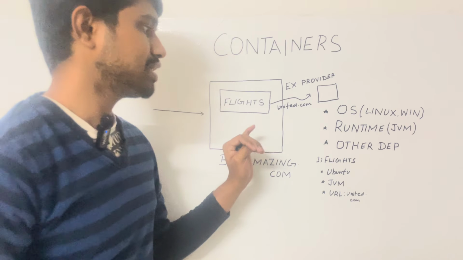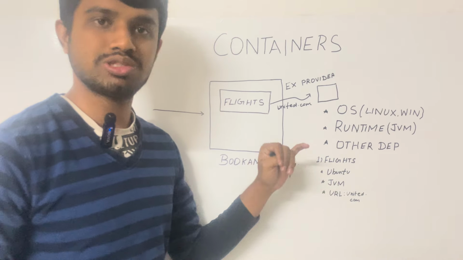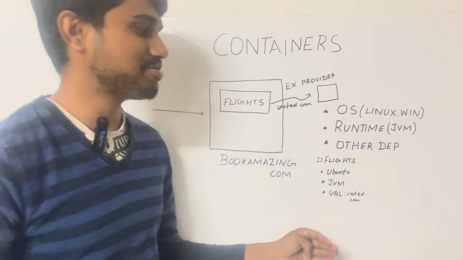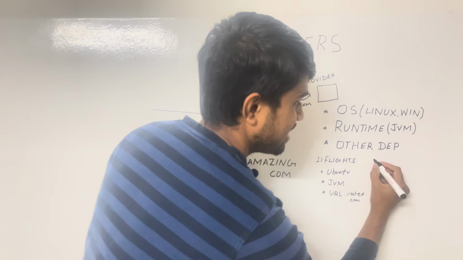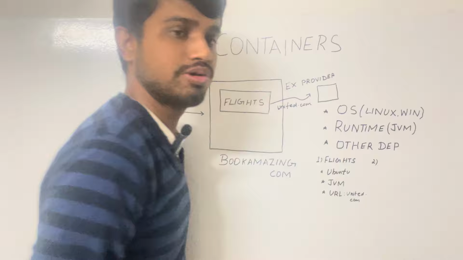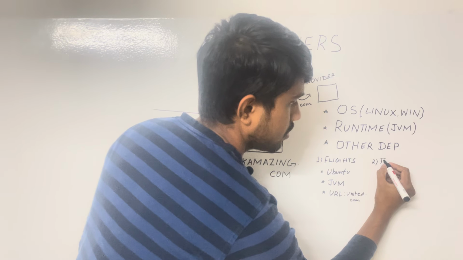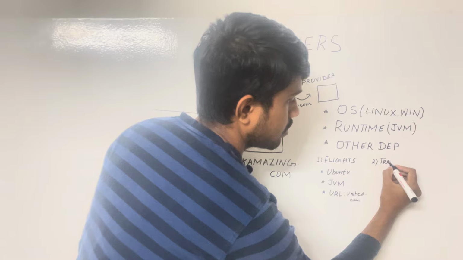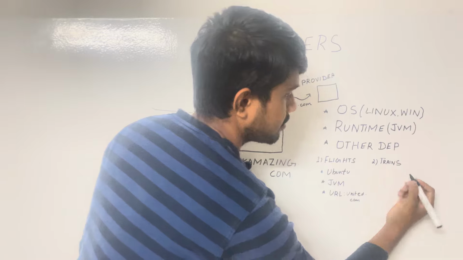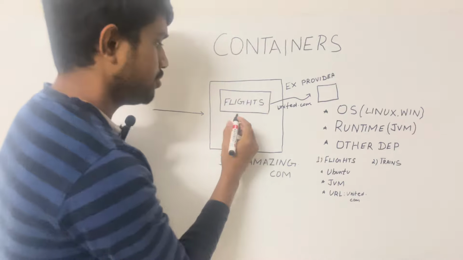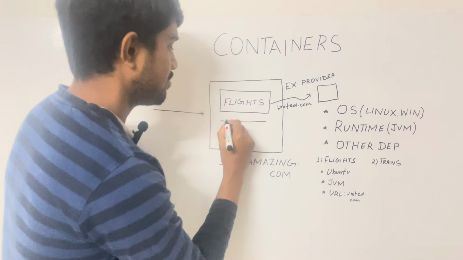So now your business is amazing and you hire a new set of developers, good for them as well. And then you decide to go with the train booking application. Trains. So you now are going to have a train here.